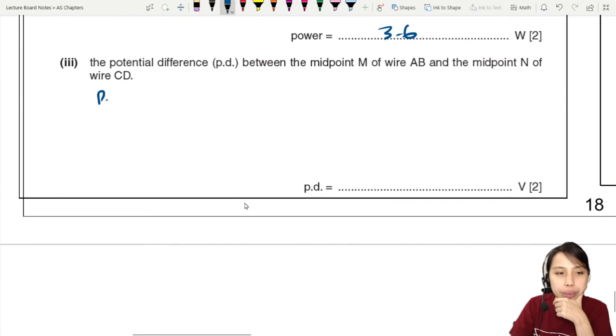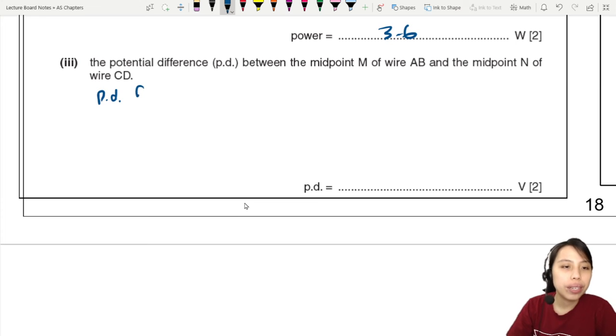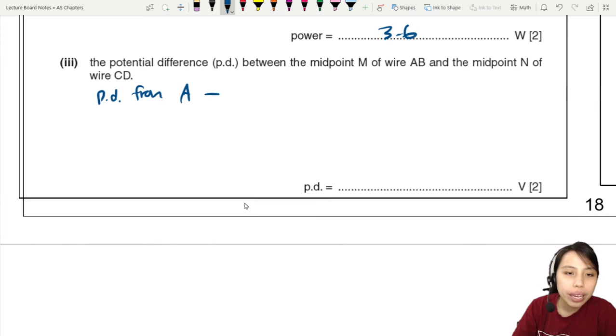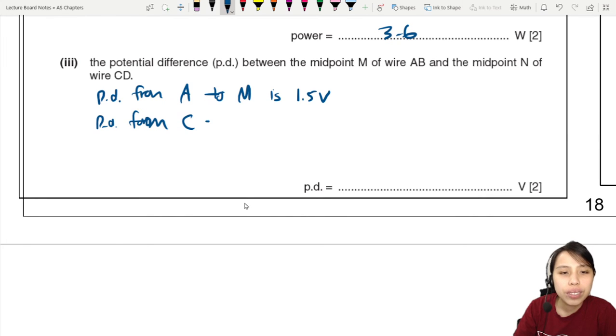So we say potential drop or potential difference from A to M, half of the length, is 1.5 volts. Potential drop from C to the N midpoint is 3 volts.